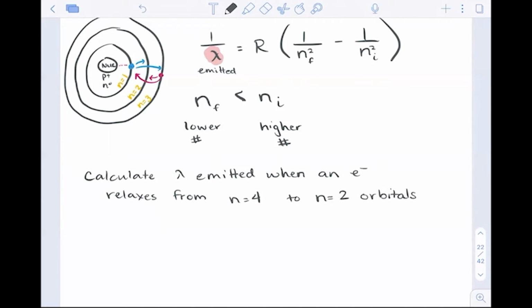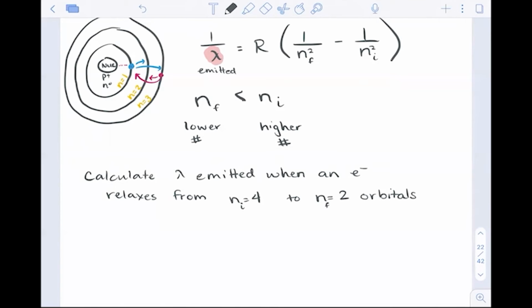With this idea, what we want to look at is plugging in. Again, n equals 4 is our initial, that's where it started. n equals 2 should be our final. If we start at 4 and end at 2, that is a relaxing process.